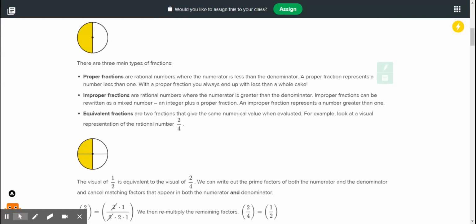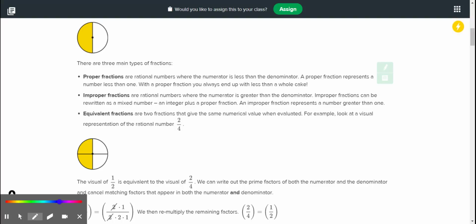We have proper fractions, and those are rational numbers where the numerator is less than the denominator. Remember, the numerator is the top number, the denominator is the bottom number. A proper fraction represents a number that is less than 1. With a proper fraction, you will always end up with less than a whole cake.